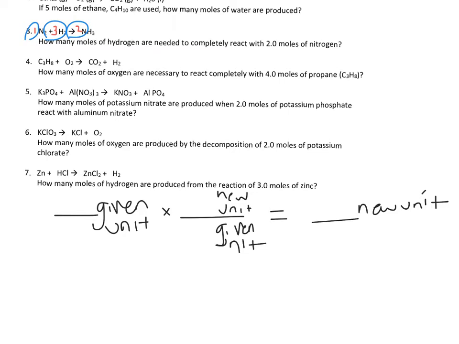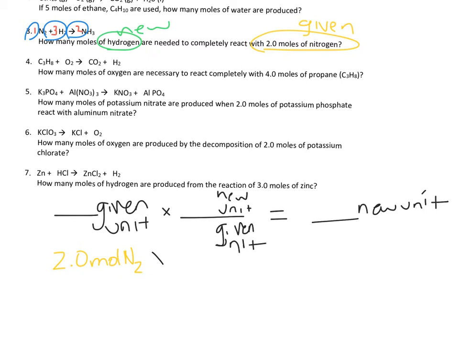So we're basically using the recipe to figure out what that conversion factor is. In this question, it says how many moles of hydrogen, so hydrogen is our new unit, are needed to completely react with 2 moles of nitrogen. This is what we're given. So the 2.0 moles of N2 is our given unit.